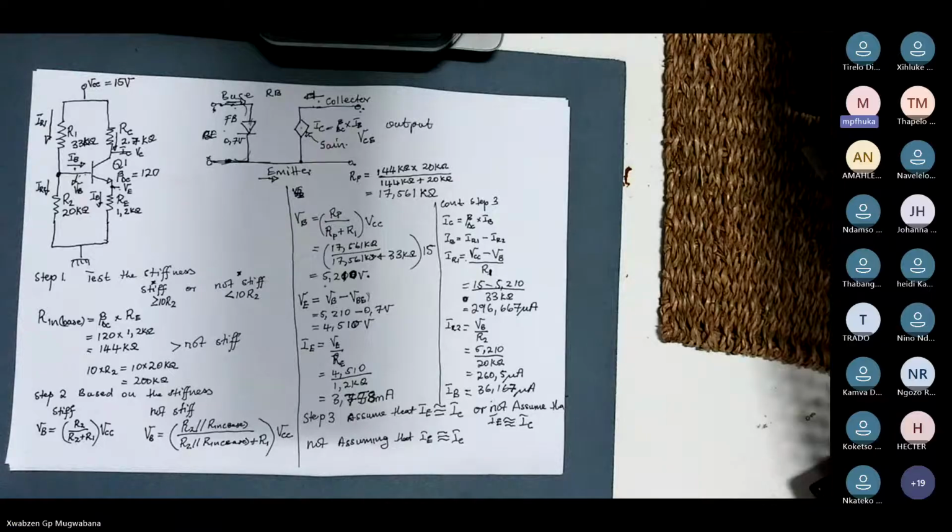The one for stiff is VB equals R2 over R2 plus R1, multiplied by VCC. And not stiff is VB equals R2 parallel to R in base. But as R in base is not stiff, you use the stiff one.